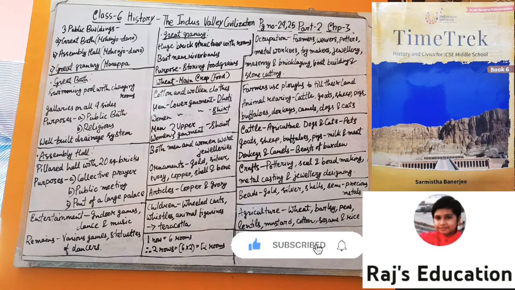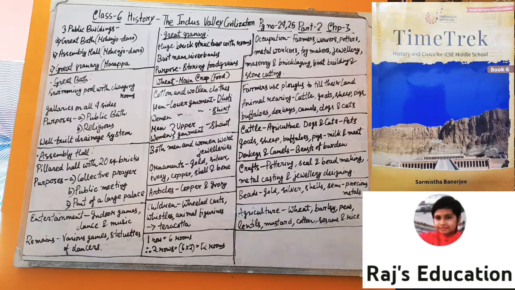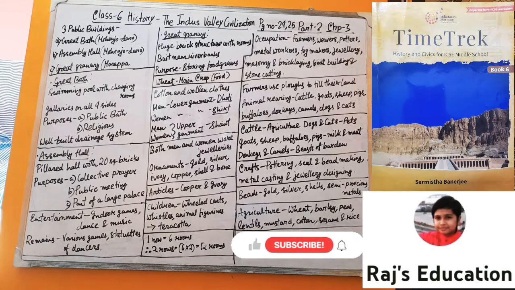Now, life of the people. The growth of agriculture ensured food security. It means if there is not well built agriculture, then there will be food shortage.